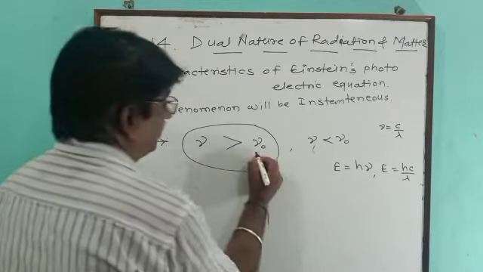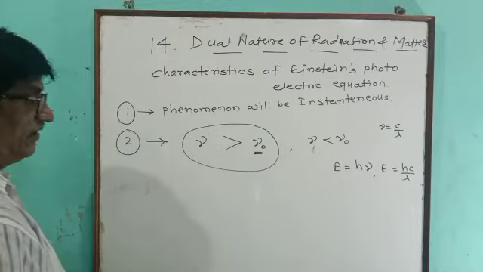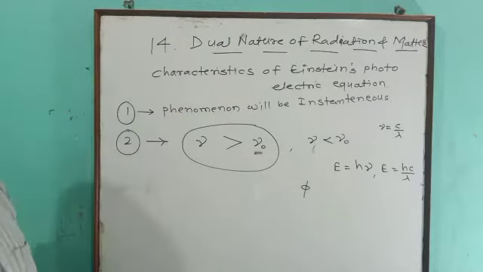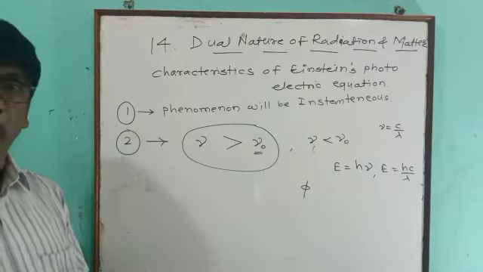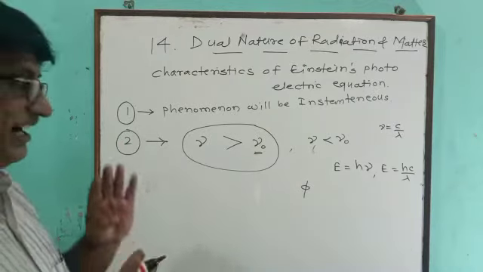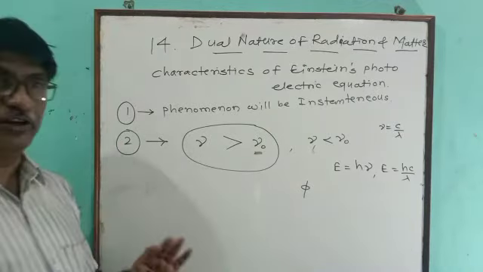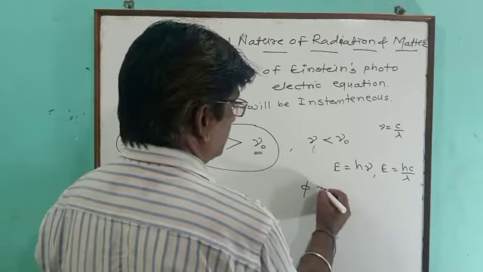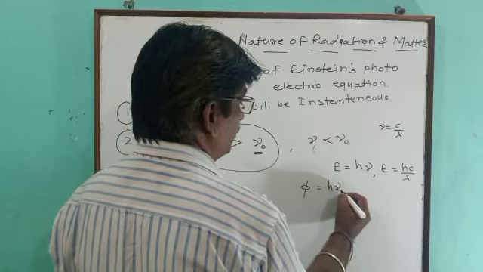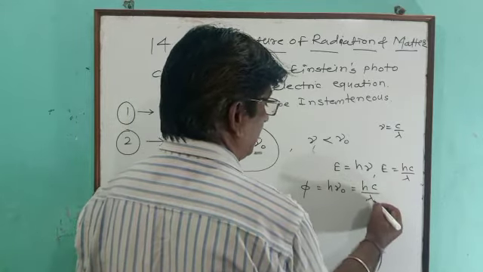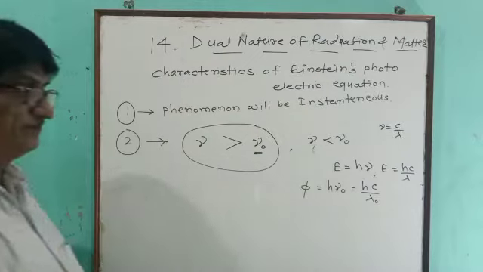Threshold frequency: the minimum amount of energy required to free the electron from the metal surface is called the work function. So work function is equal to h nu 0, or hc upon lambda 0.